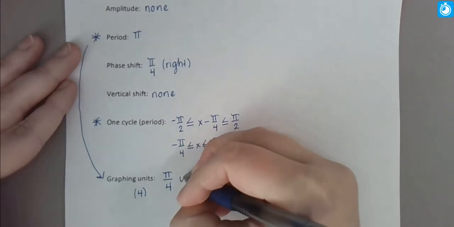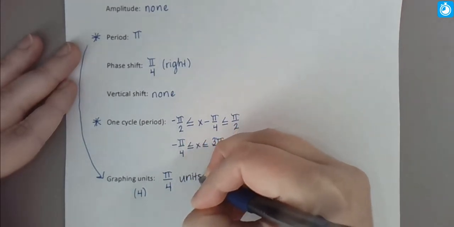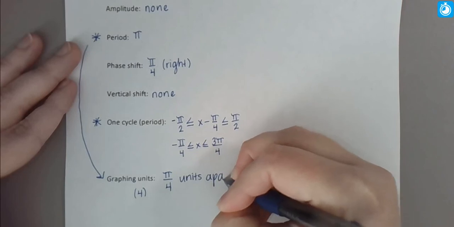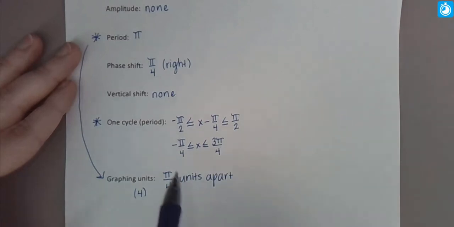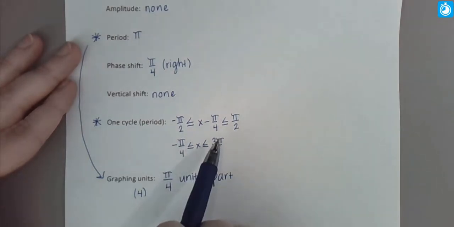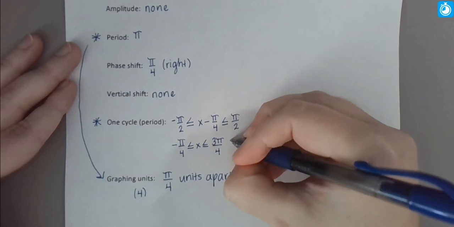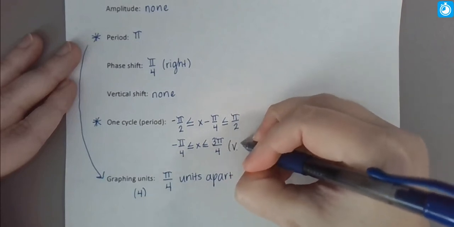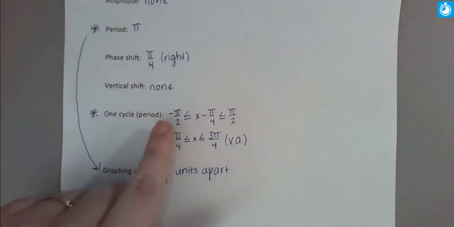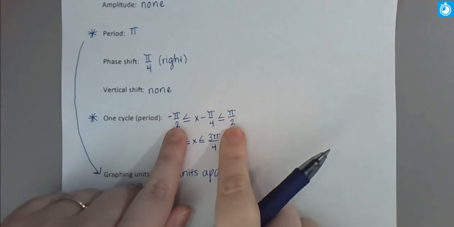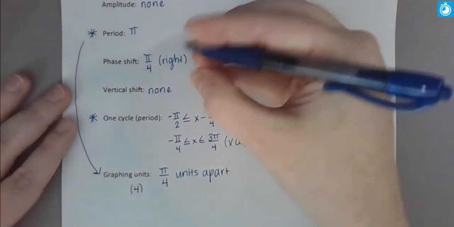And that's going to be the number of units apart each of our graphing landmarks is. Okay, so we have everything we need. We know where our graph should start, we know where it should end, and specifically for our tangent graph, these two values are going to represent the locations of our vertical asymptotes. That's also why we start by graphing from negative pi over 2 to pi over 2 for our standard tangent graph.